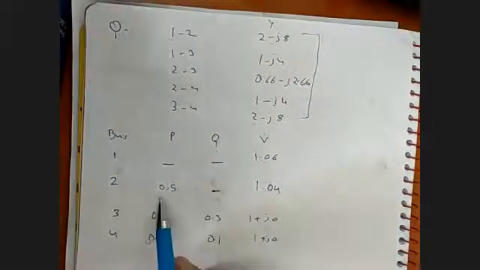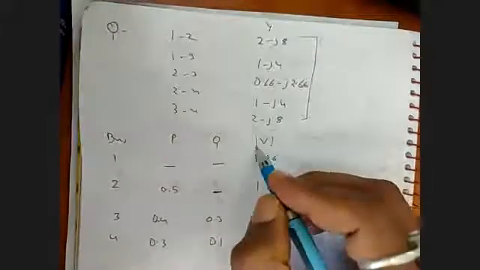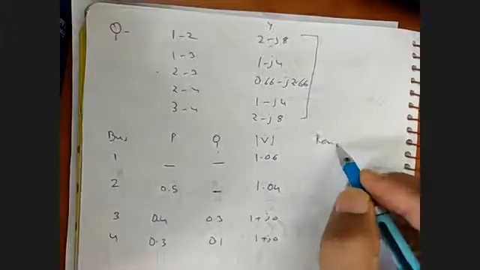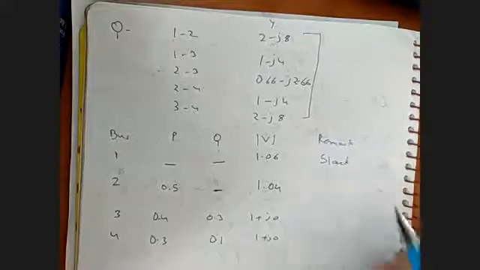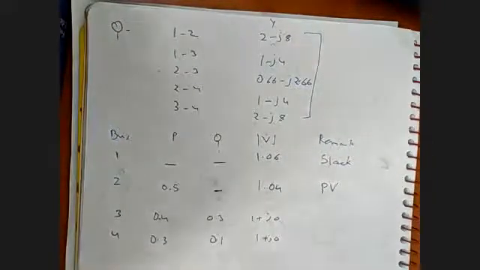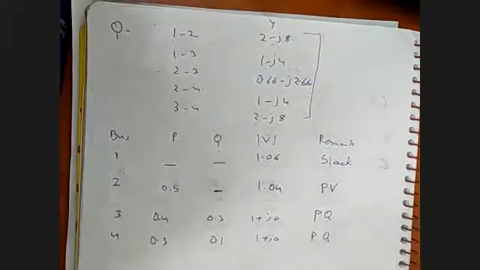So it has P and voltage magnitude is given at that, and then bus number 1 will be considered as slack bus, bus number 2 will be considered as PV bus, bus number 3 is PQ, and bus number 4 is PQ bus.